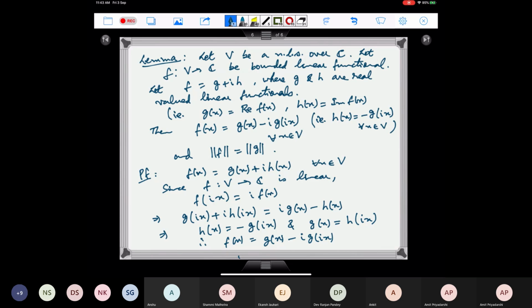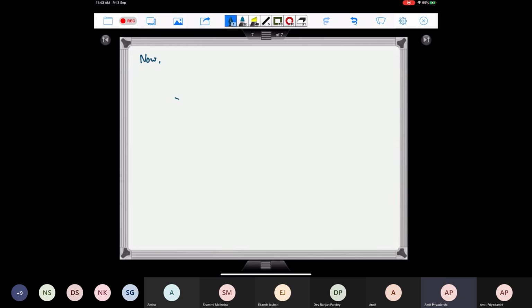So for that, now let f of x we can write as mod of f(x) times e to the i theta for some theta belonging to 0 to 2 pi.